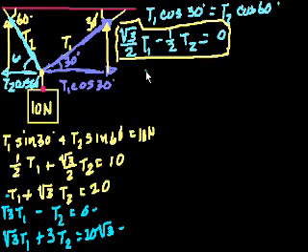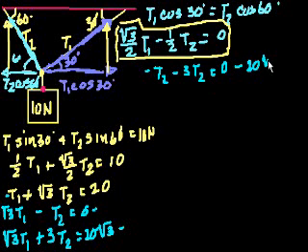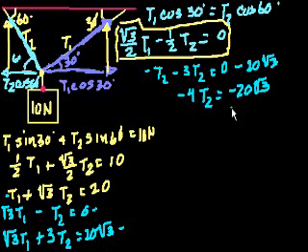And so then you're left with minus T2 minus 3 T2 is equal to 0 minus 20 square roots of 3. And so this becomes minus 4 T2 is equal to minus 20 square roots of 3. And then divide both sides by minus 4, and you get T2 is equal to 5 square roots of 3.